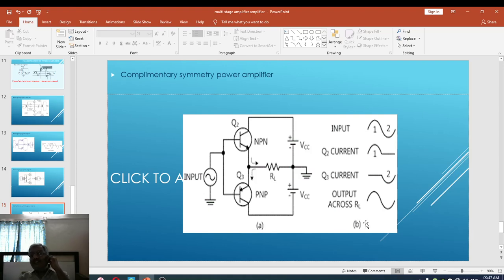Friends, this is represented in the form of waveforms. There is the input cycle containing positive half cycle and negative half cycle. In the positive half cycle, current flows only through the NPN transistor, whereas no current in the PNP transistor. This and this combined so as to get output current through the load resistance.